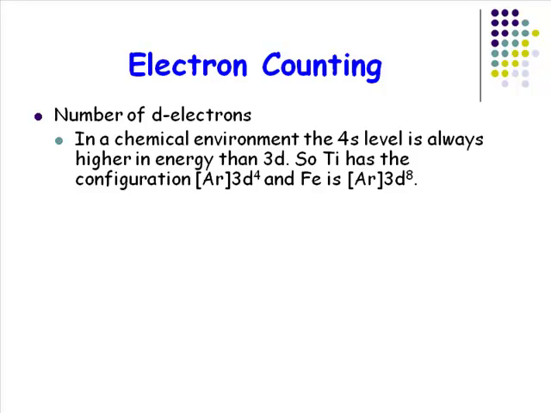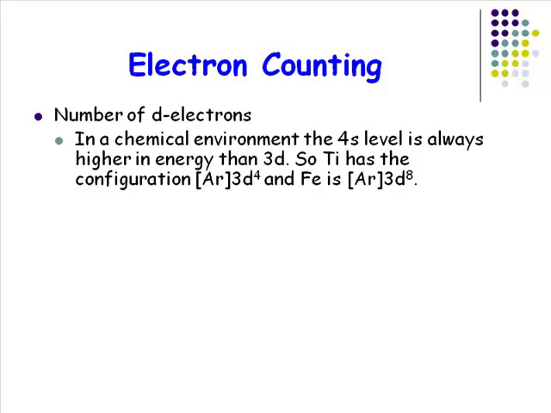The only time when 4s orbitals are lower in energy than 3d is when you have atoms in the vacuum phase. And we are not dealing with atoms in the vacuum phase in organometallic chemistry. We are certainly dealing with chemical compounds. So the d orbitals are lower in energy than the 4s orbitals.